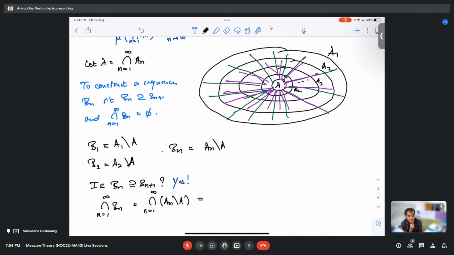Okay, so now tell me what is this intersection? Maybe let me just mark one more set, then perhaps it will be clear. So A3, right? A3 is still small.